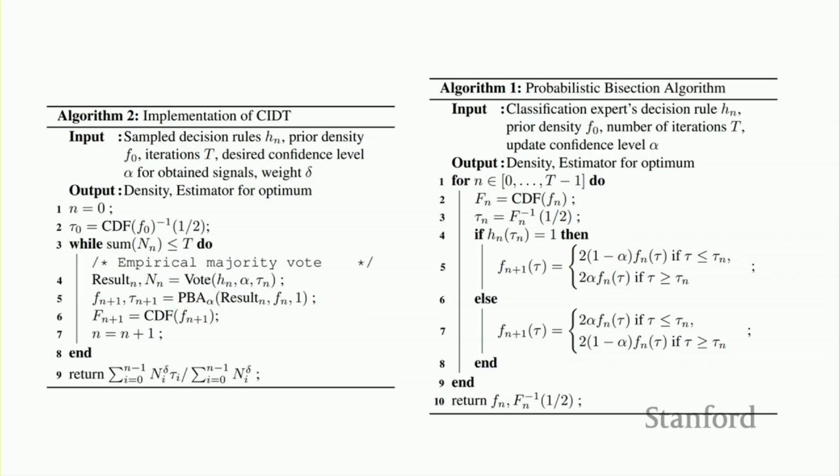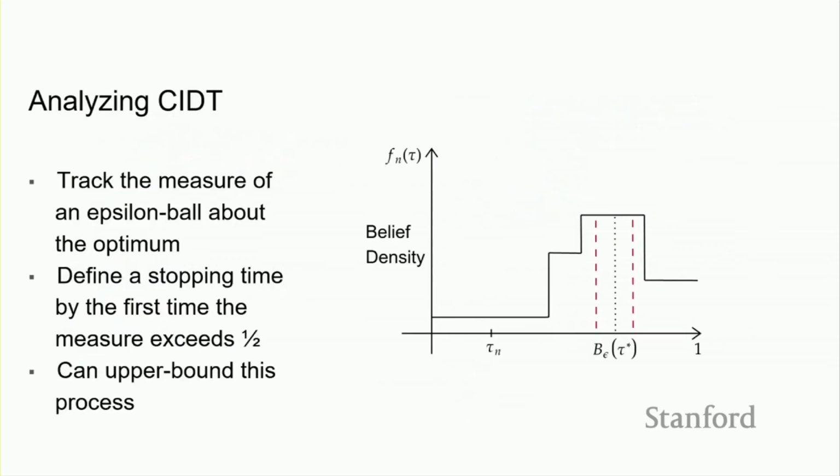The key intuition is you build a prior over possible threshold points, and then every time you get additional signal, so labels from people, you upweight evidence that's telling you the threshold is more likely to be here or not here. In fact, you can use this to show explicit proofs of how long it will take before I get the right threshold. You can think about this as when will the measure around a particular point be high enough, so greater than half, for instance. So I won't go into detail, but I mention this is there.